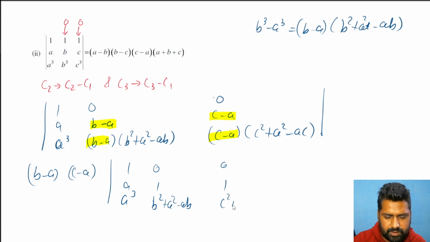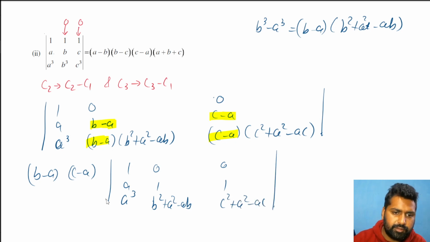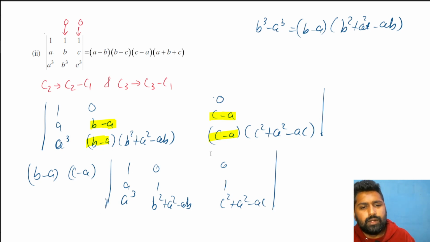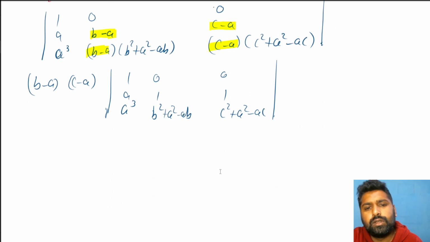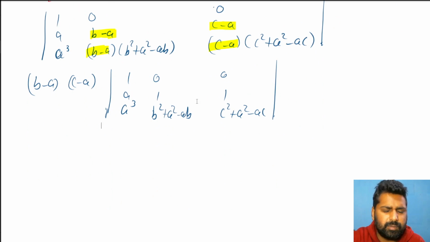This is c square plus a square plus ac. Now if you want, you can directly open the determinant about row 1 and solve accordingly. That will create slight problem, because the expression this time is complicated. Still, I think that is the easy way. So let's deal with that.